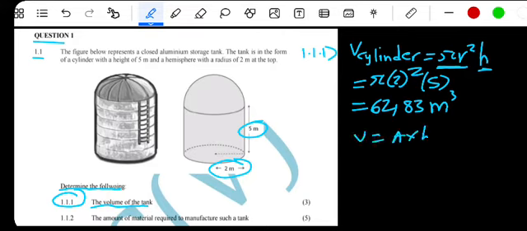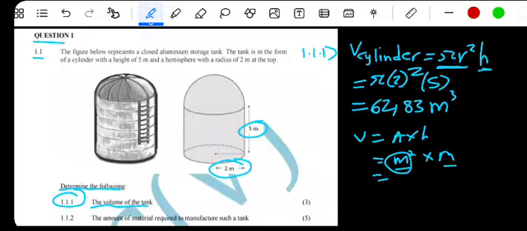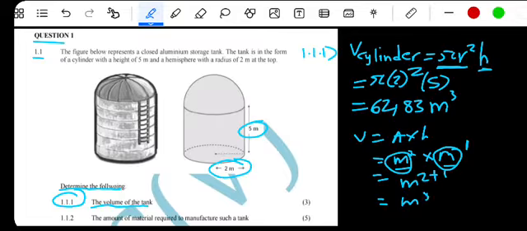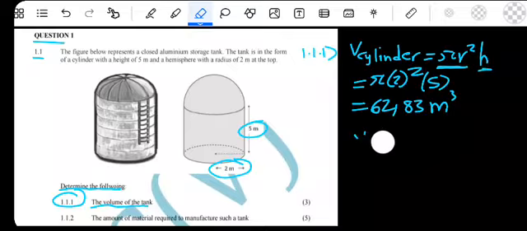The area is measured in meters squared, and the height is measured in meters. When you multiply these SI units, since the bases are the same, we add the exponents: m squared times m to the power 1 gives m cubed. That is why we say this is measured in cubic meters. Take note there.